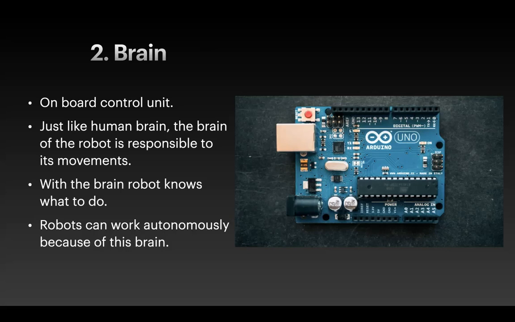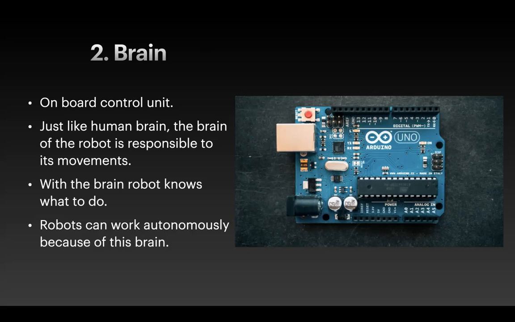It looks at the line from the sensors, and then it tells the motors to drive forward. That is how line following robots work.